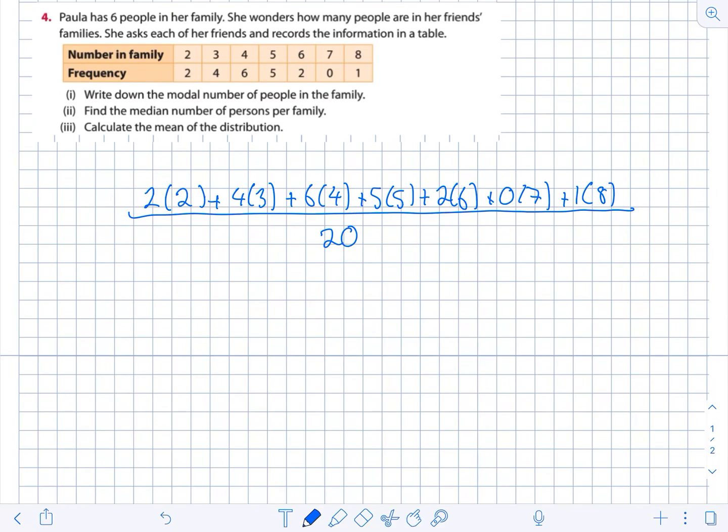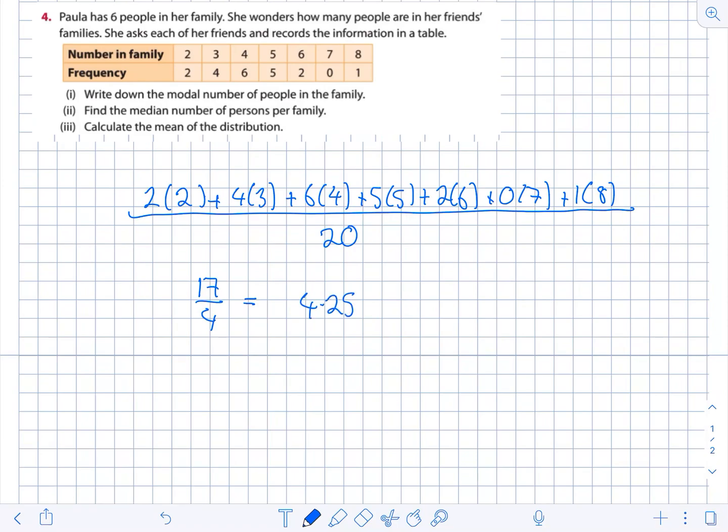So I bang that into my calculator. That's going to give me the fraction 2 bracket 2 plus 4 bracket 3 plus 6 bracket 4 plus 5 bracket 5 plus 2 bracket 6 plus 0 bracket 7 plus 1 bracket 8, all over 20, equals 17 over 4, which is equal to 4.25.